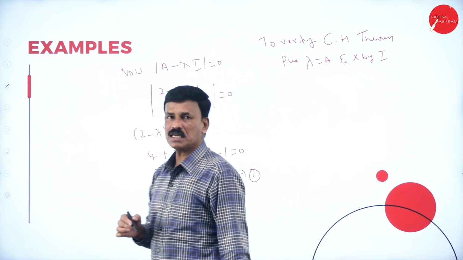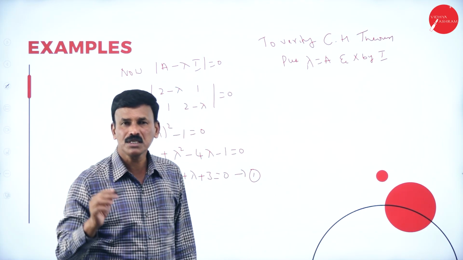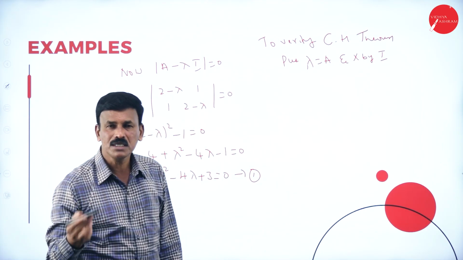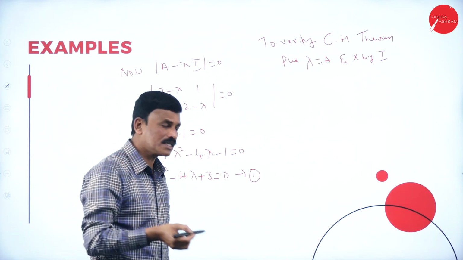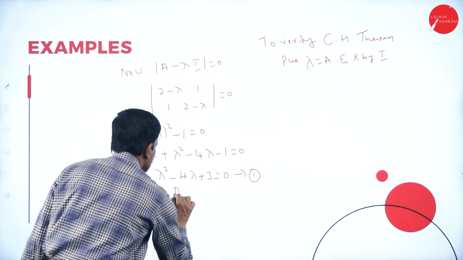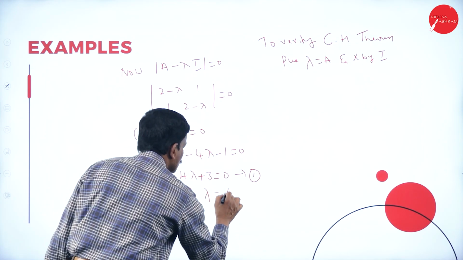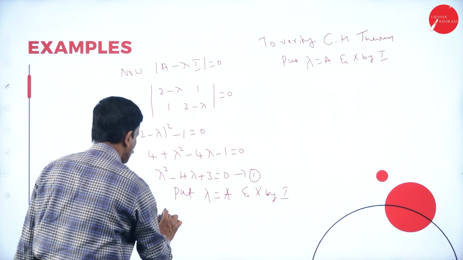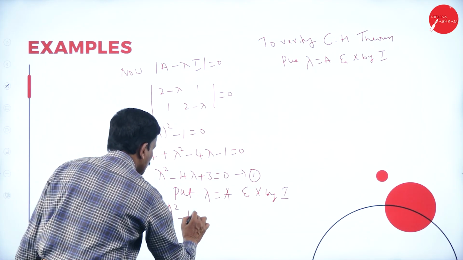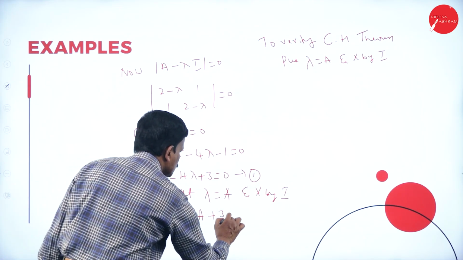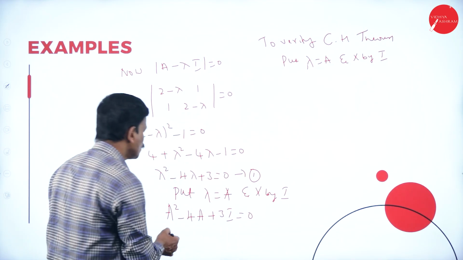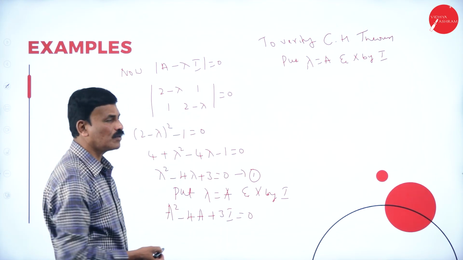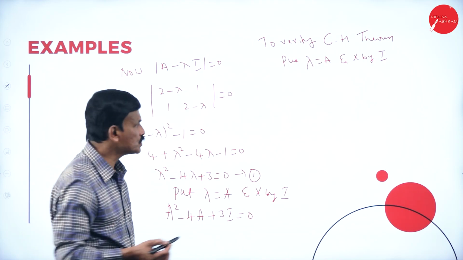So what you will get? A square minus 4A plus 3I is equal to 0. Now to prove that A square minus 4A plus 3I is equal to 0.